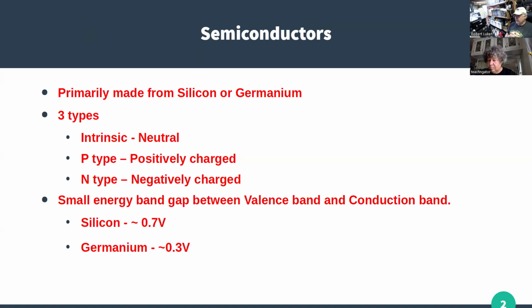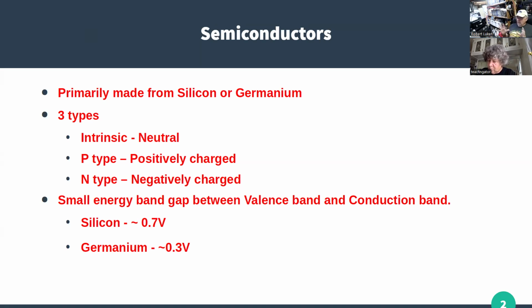Some of the first devices were made out of germanium, and we still use germanium for some of the small signal diodes. Mostly everything is silicon based. When you talk about silicon, it's a crystalline structure. And we talk about three types. We have what we call intrinsic silicon, which is pure silicon.